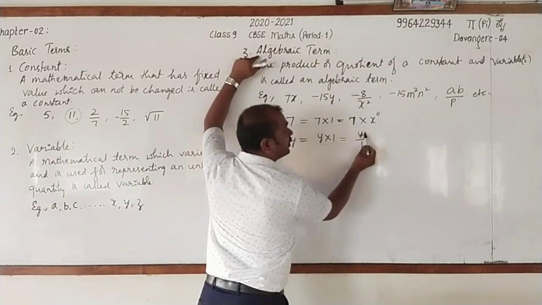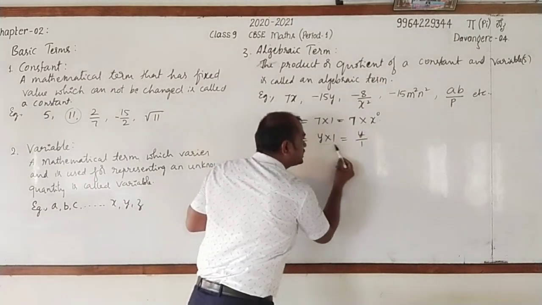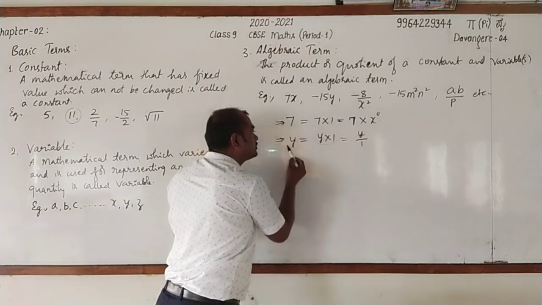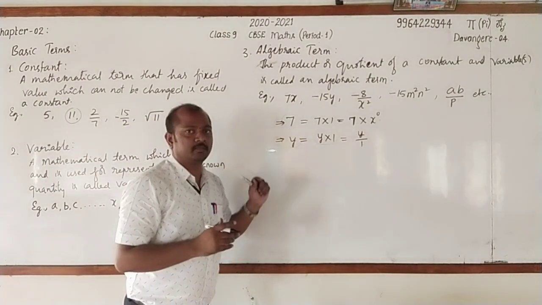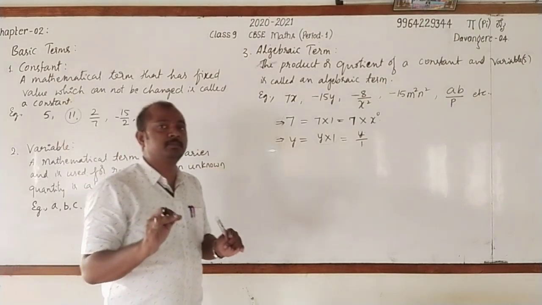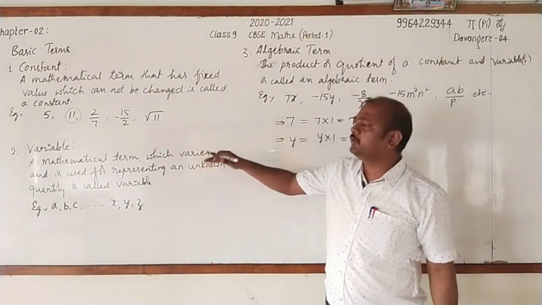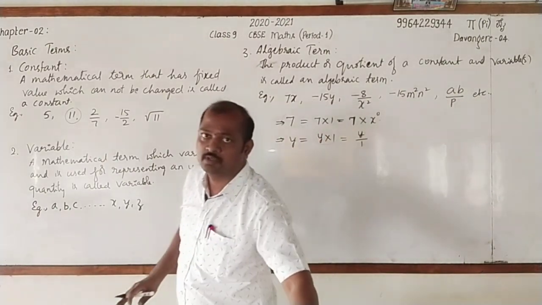Algebraic term. Quotient of variable and constant? Algebraic term. If these two are algebraic terms, what do you say about y? That is also an algebraic term. Got it? From this, is it possible to say that all variables are algebraic terms? Yes, it is right.